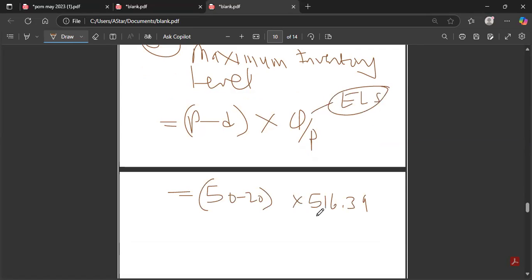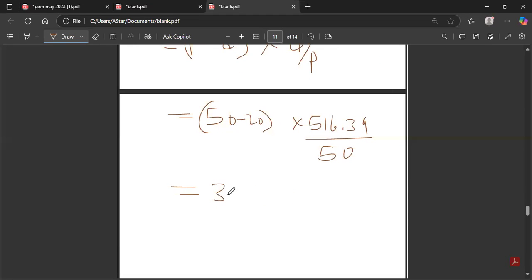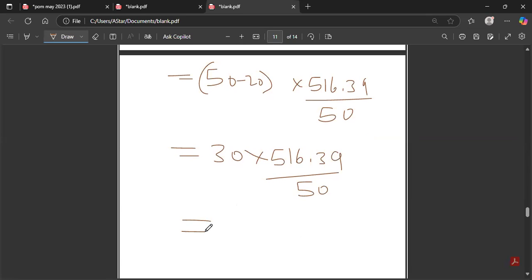Are you with me? Over 50. So this one will give us 30 multiplied by 516.39 over 50.